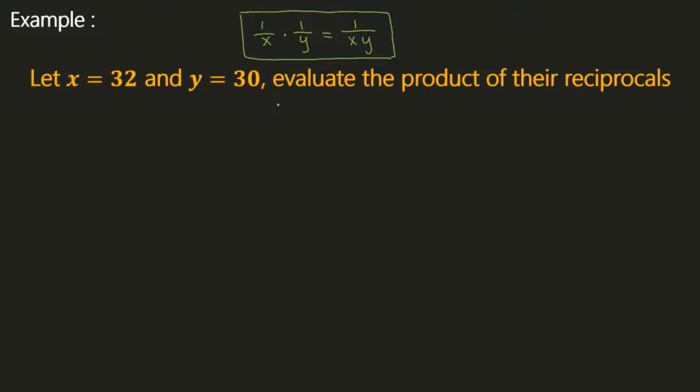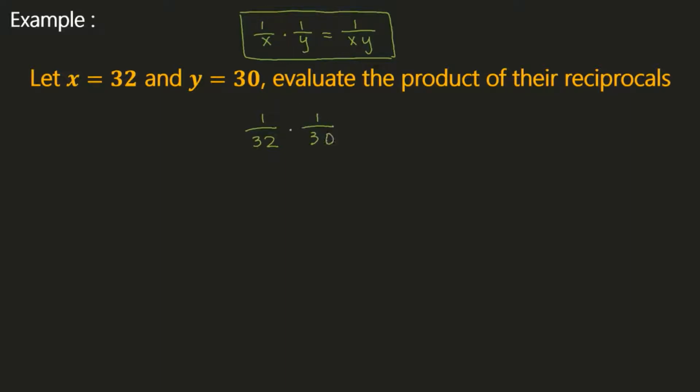So the first thing we always do is we turn this sentence into a math expression before we simplify it. Okay. So it says evaluate the product of the reciprocals. The reciprocal of x is 1 over x, which is 1 over 32. The reciprocal of y is 1 over 30.